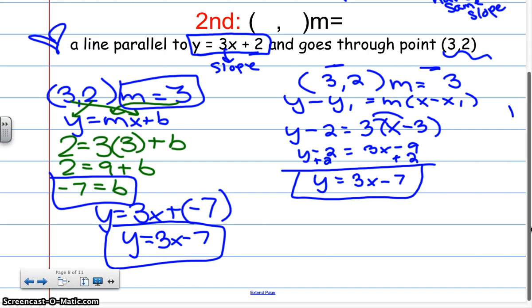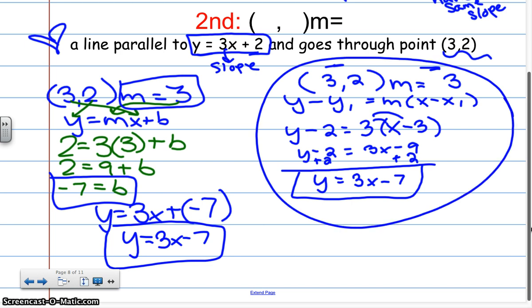I feel like this strategy is the most effective because I don't have to go back and look anywhere. Because a lot of us, when we get to this point, we forget, like, what are we even doing? I just did all this math and I just lost my train of thought. This is very fluid. It just gets you right to the point. All right? Either way, it's going to work for you.